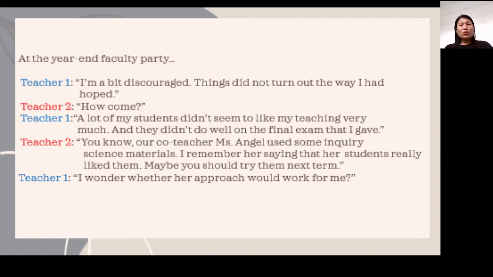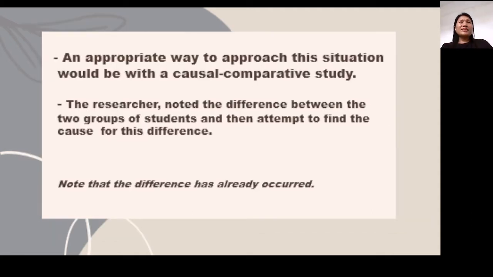So if you were teacher one, in order for you to know that the same approach worked for you, you must use causal comparative research. In that scenario, the researcher noted the difference between two groups of students and then attempted to find the cause or causes of that difference.